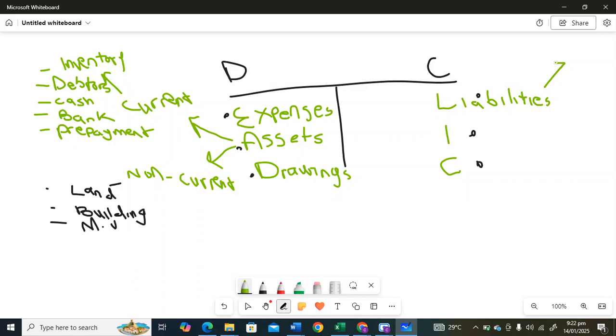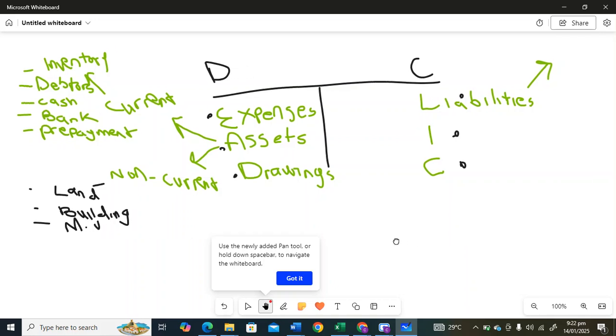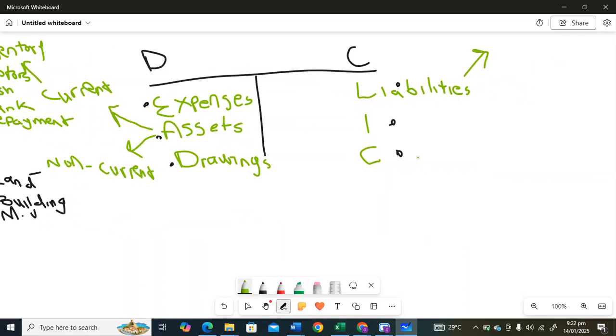And we've got current liabilities, which you have to pay within a year. These have to be paid within a year. Then you've also got non-current liabilities, which you can pay even after a year.